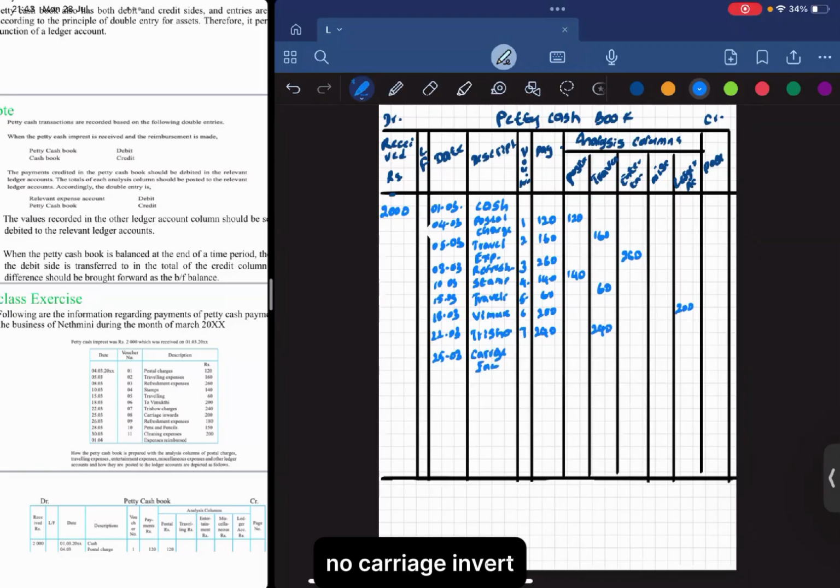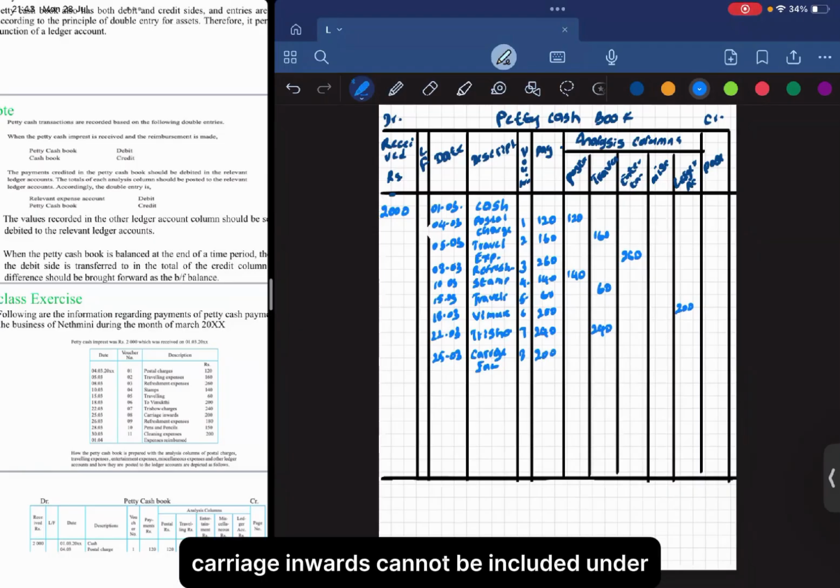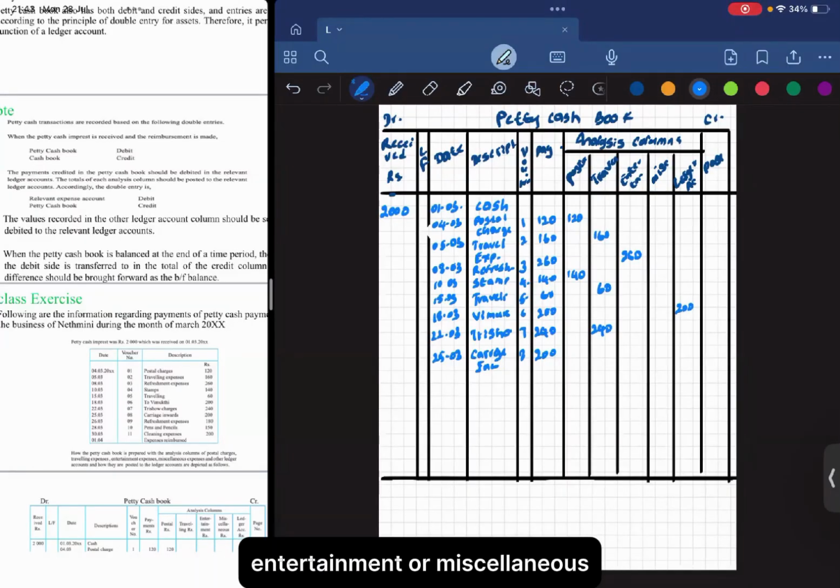Now, the carriage inwards amount is 200. Carriage inwards cannot be included under postal expenses, traveling expenses, entertainment, or miscellaneous. So this carriage inwards will also have to be included under a separate ledger account. So we are posting it here.